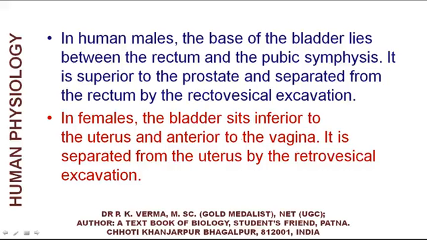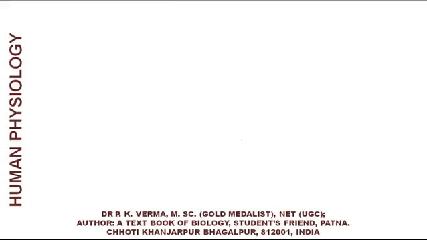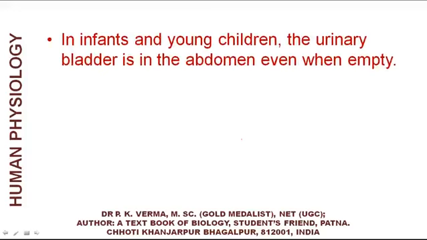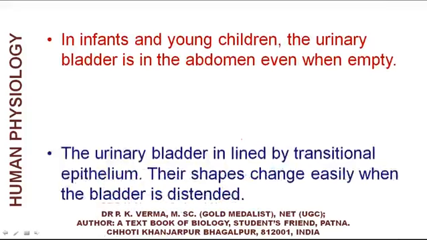It is separated from the uterus by the retrovesical excavation. So the opening differs in the male and female. In infants and young children, the urinary bladder is in the abdomen even when empty.